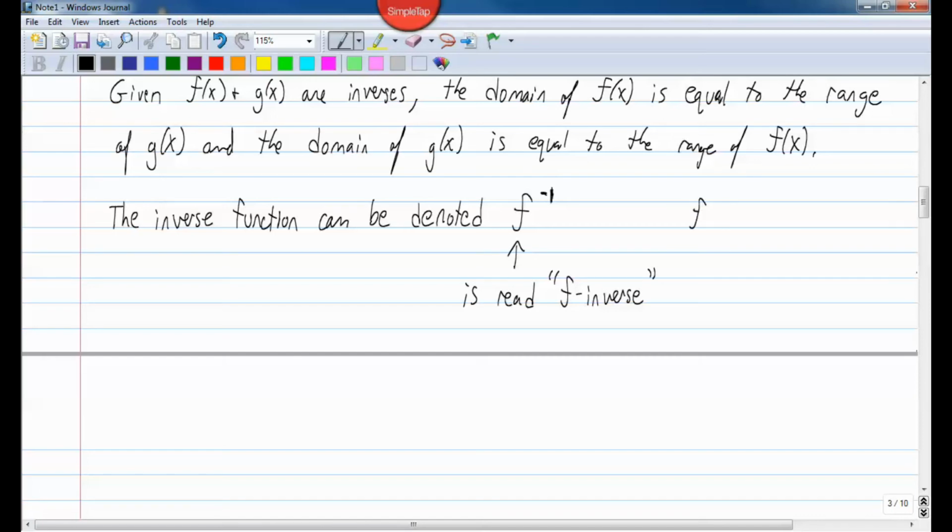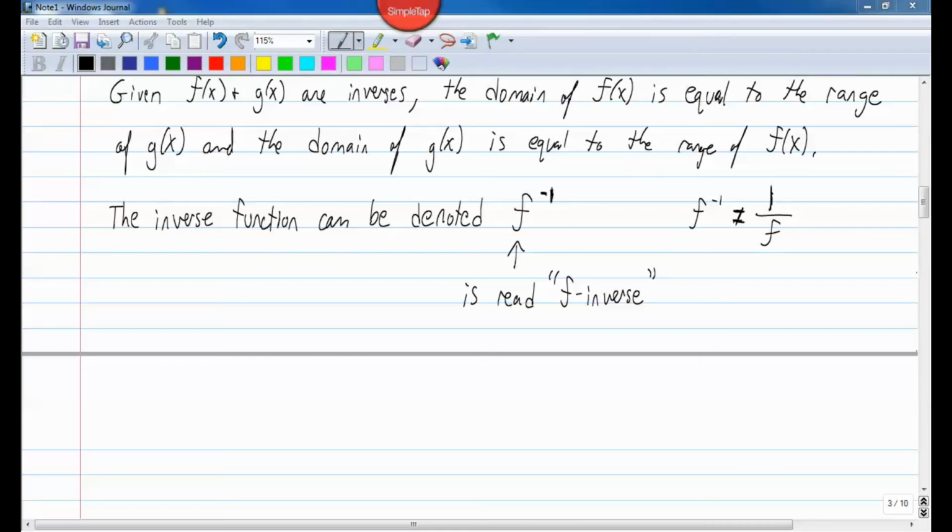What I'm saying is, F to the negative 1 is not F to the negative 1 power. It's not equal to 1 over F. It's just a symbol that's put here in the top right hand corner that tells you, hey, this is F inverse. This is the inverse of F. Okay?